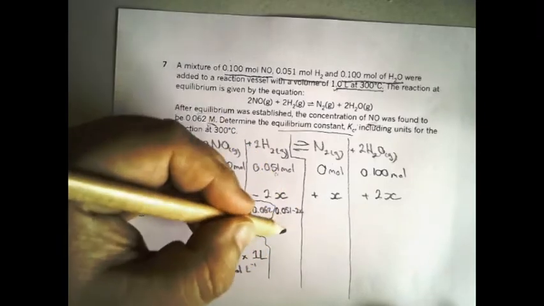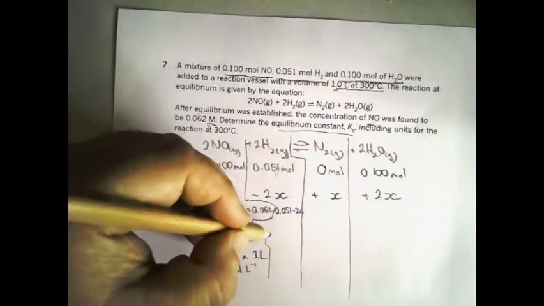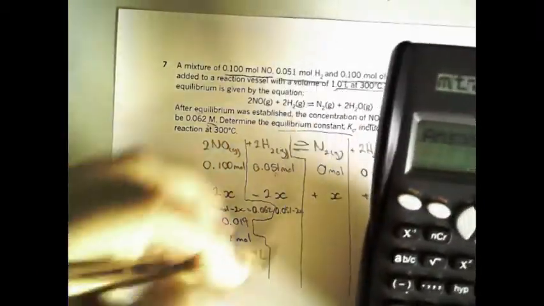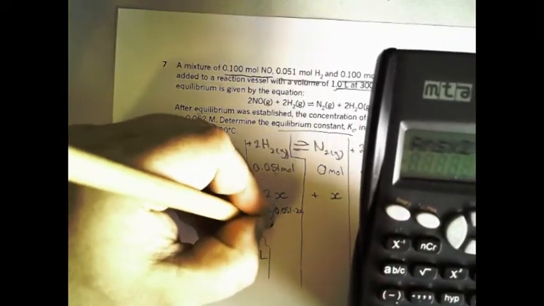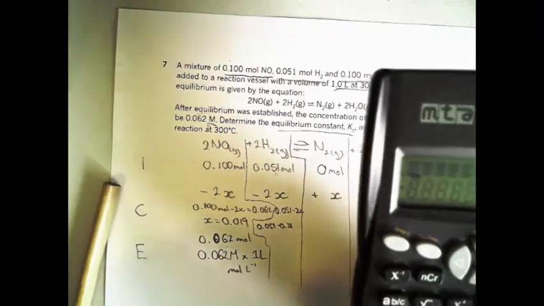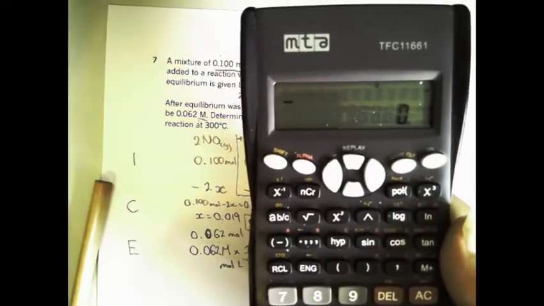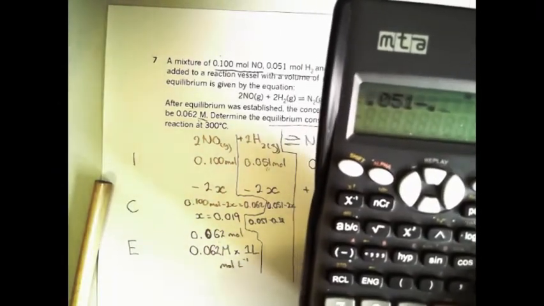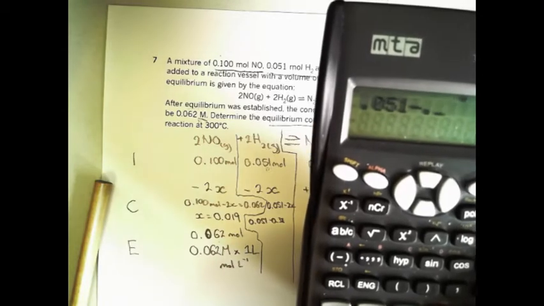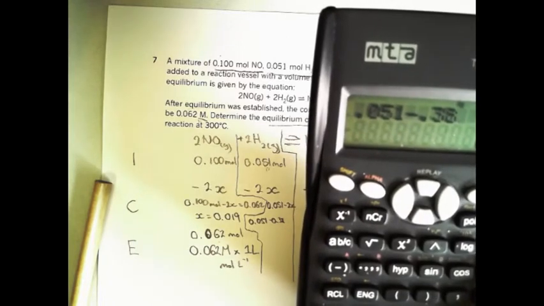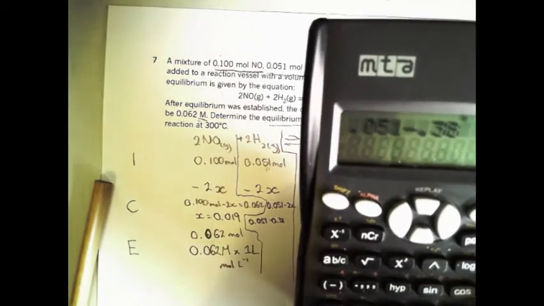minus 2x. Well, we don't know what that equals, so it's that times 2, isn't it? Yeah, so 0.38, so it's 0.051 minus 0.38, yeah, so 0.051 minus 0.38, 0.038 probably, yep.